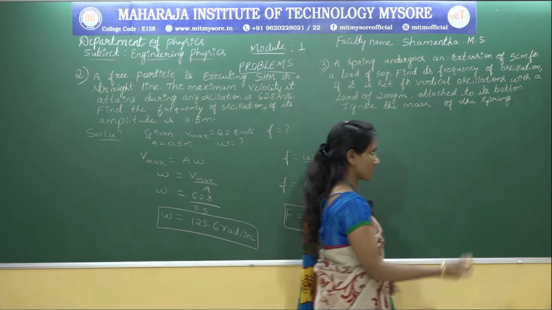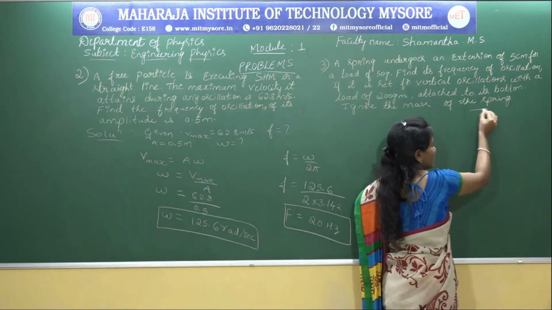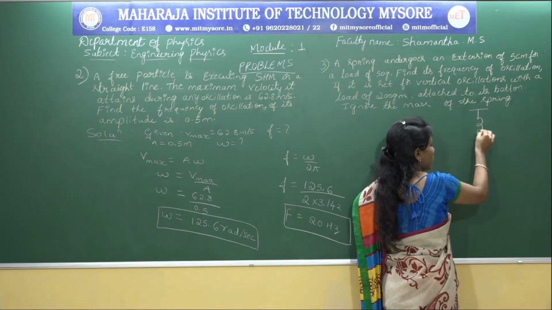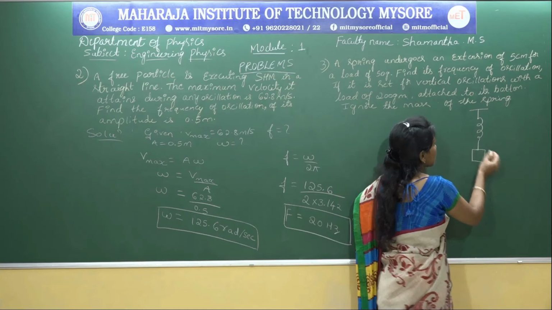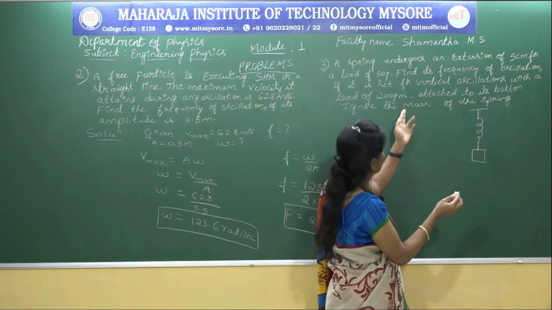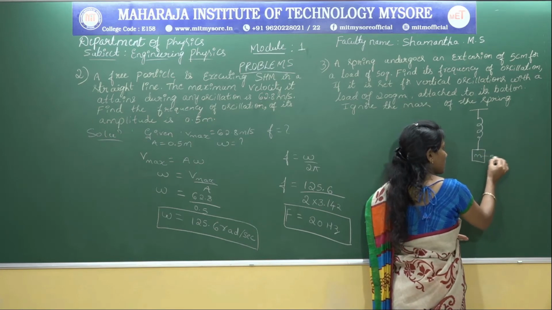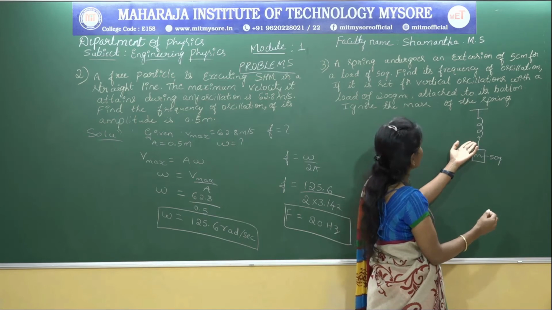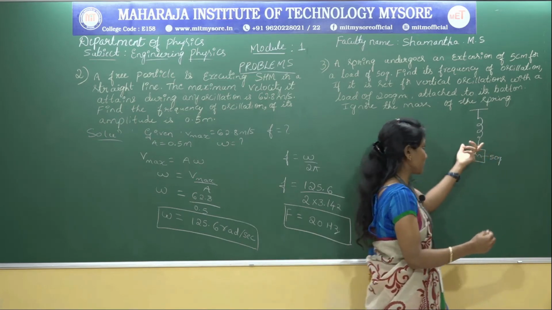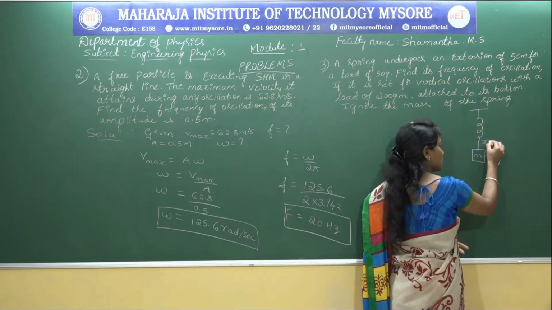So here a spring is executing oscillation attached with the mass of 50 gram, and it is undergoing an extension of 5 centimeter.